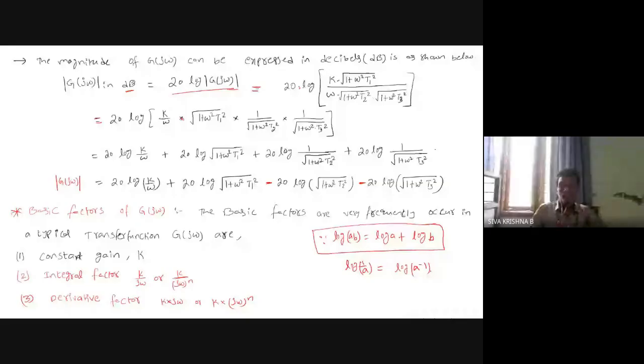How do we write log 1 by A? Can anyone tell? Minus log A. Okay, no problem. It is not written as log A inverse. Can 1 by A be written as A power minus 1, or not? Yes, sir. Then we can write log 1 by A as log of A inverse. Okay, whenever you have a logarithmic term and inside the function is any inverse like this, just take the inverse to the front side of the log value.